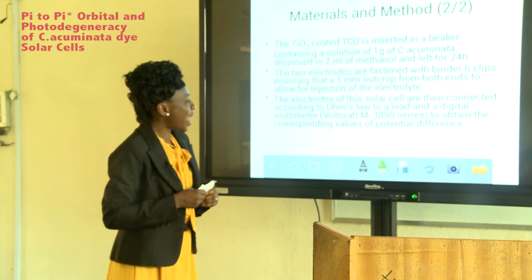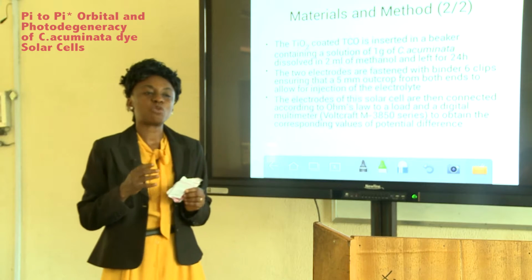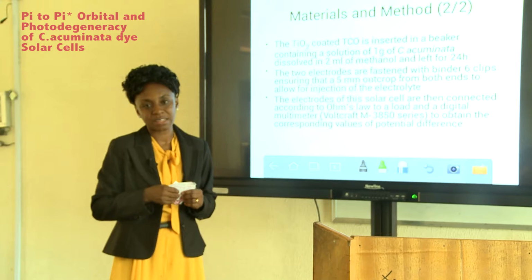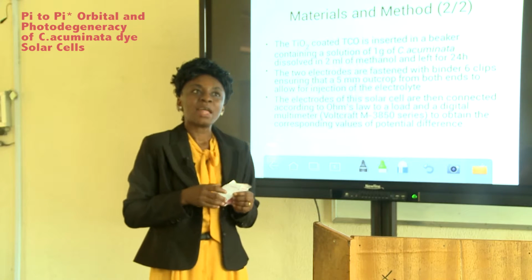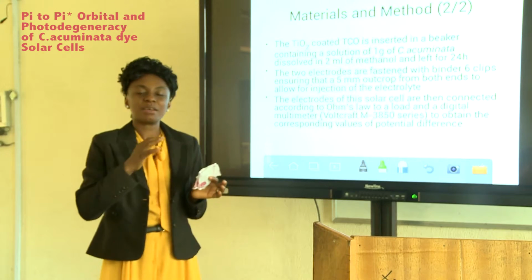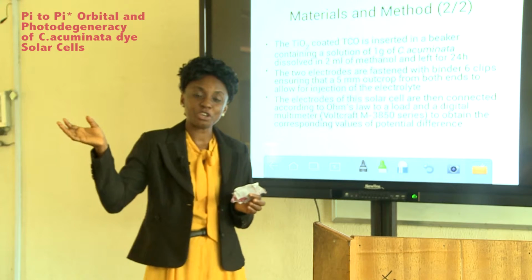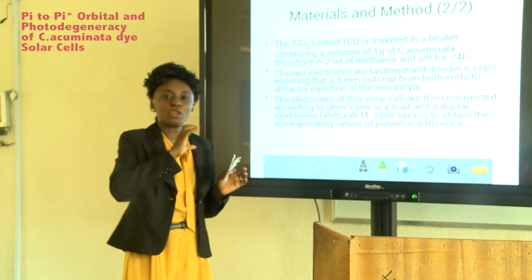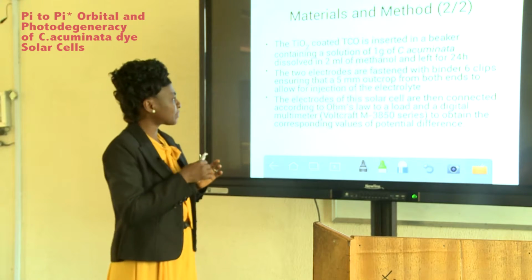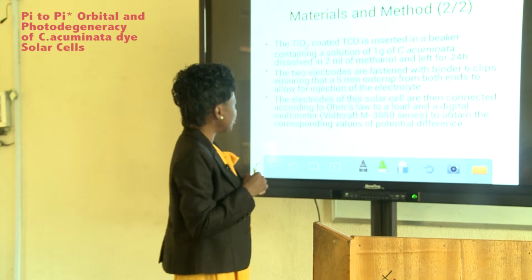Okay. So according to Ohm's law, the current is proportional to the potential difference, provided the external conditions are constant. Now, the current is, of course, a function of the insolation, and the potential difference was obtained using a Voltcraft digital multimeter.